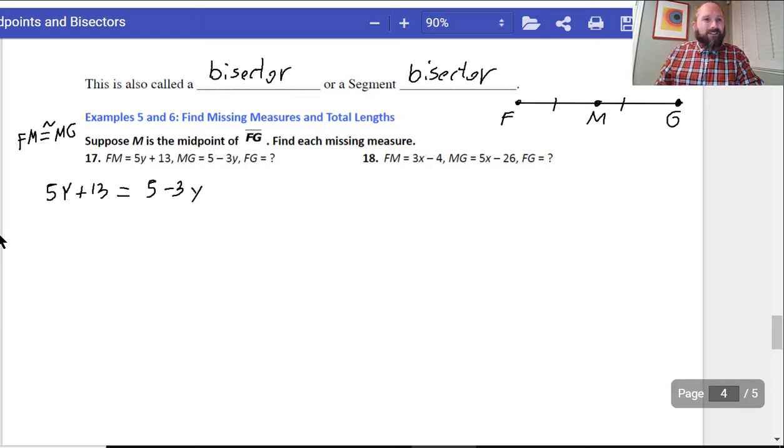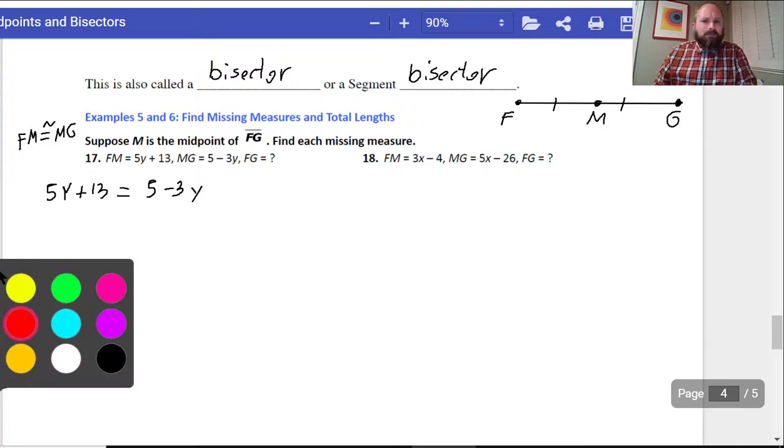Now we have to solve for y. Once we find y, we can input it back into whichever one is easier, either the left side or the right side, and solve for how big one of these is. And then times it by 2, and we're done.